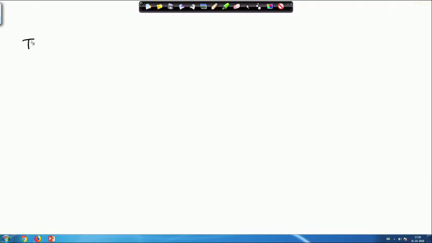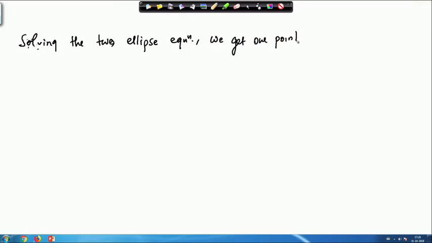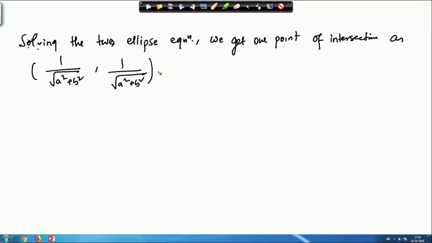So solving the two ellipse equations, we get the first point of intersection as 1 by square root of a square plus b square and 1 by square root of a square plus b square. So these are the coordinates of one point of intersection.